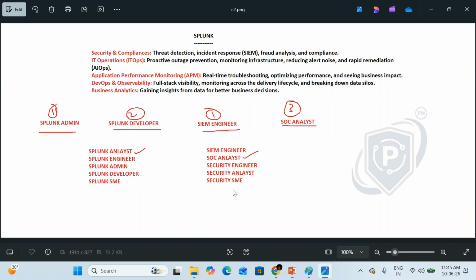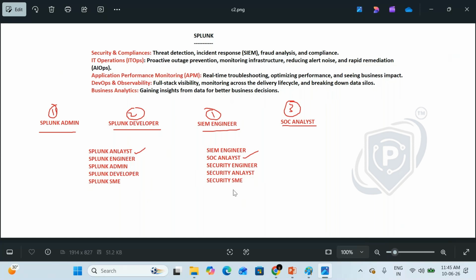Now, how can you do the murder? Two things. One is a cruel mindset. Yes or no? And the other one is a tool. Cruel mindset is nothing but cybersecurity fundamentals, cybersecurity knowledge, security knowledge. You need to understand the security data.